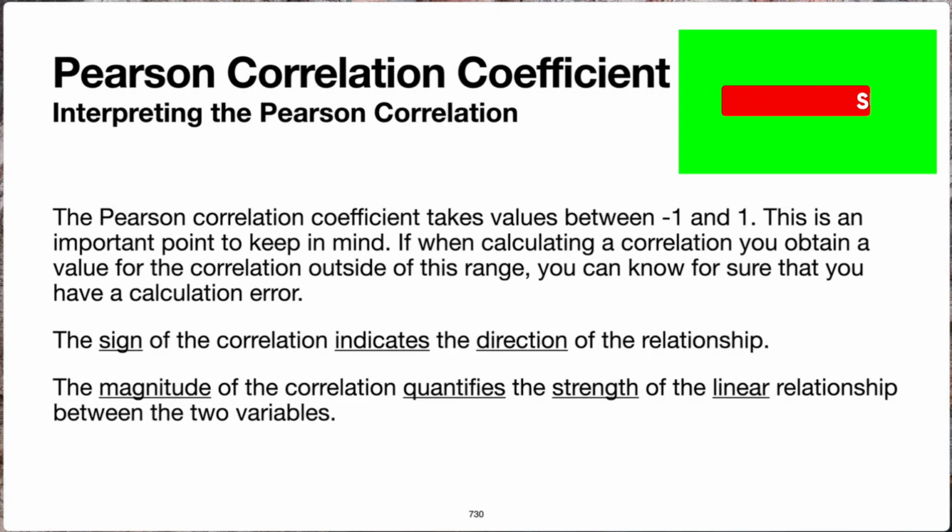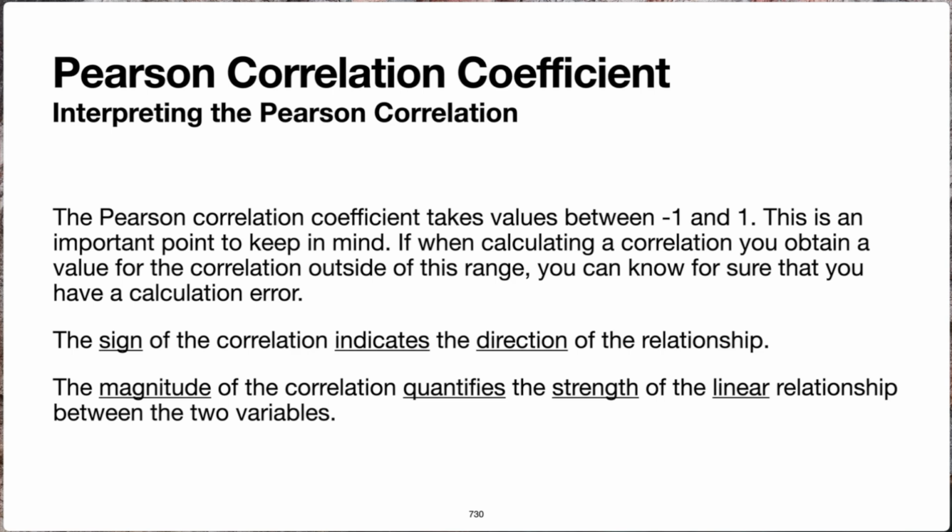Now let's think about how we interpret the Pearson correlation. The Pearson correlation coefficient takes values between -1 and +1. Again, the correlation is always between -1 and +1. This is an important point to keep in mind.